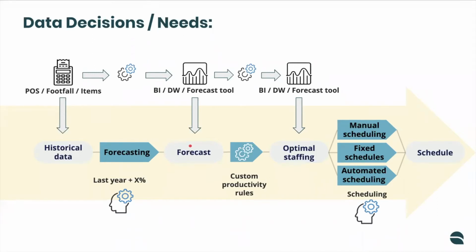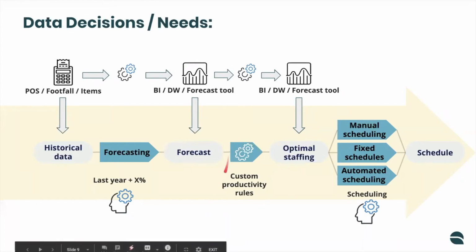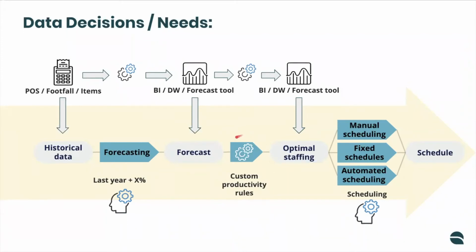That then follows this journey that we've talked about already on this session today, but that then gives me my forecast number. I then use my productivity rules or my optimal staffing levels, or if you're used to Classic terminology, my rules for creation of shifts, which gives me my optimal staffing number, and then ultimately allowing me to manually schedule, use the base schedules or fixed schedules, or, and that last point there, the automated schedule creation, to get my final schedule.